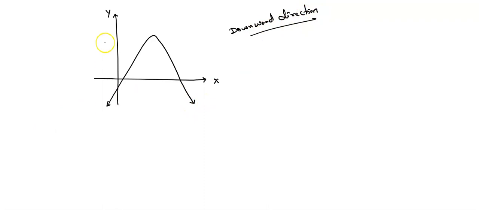Now can you identify which is the x-intercept? Yes, of course, this is our x-intercept. Where it cuts the y-axis, this is our y-intercept.